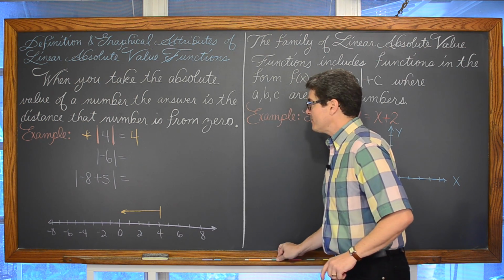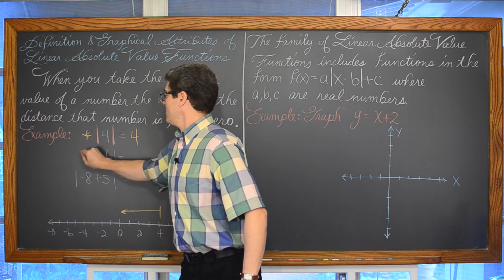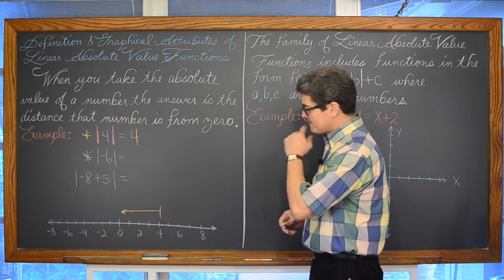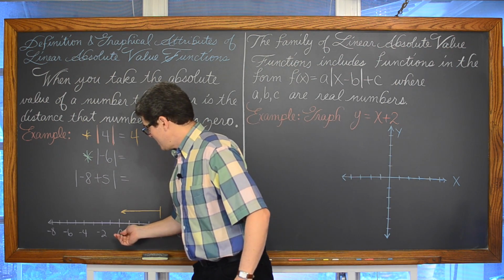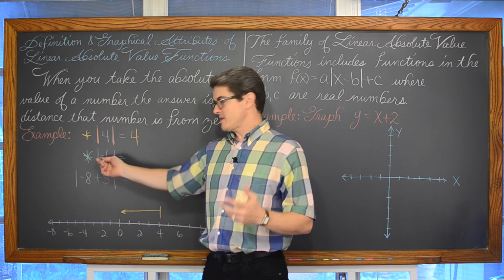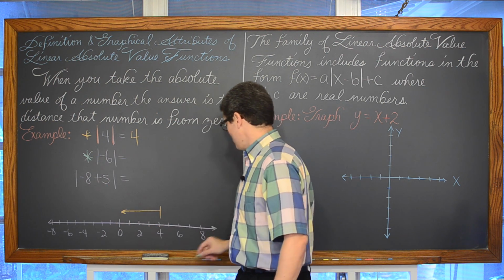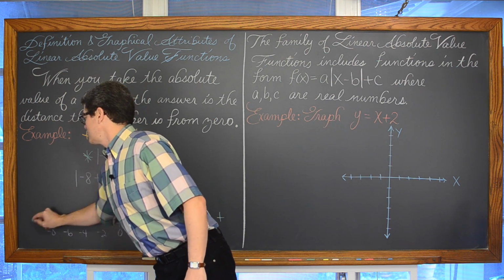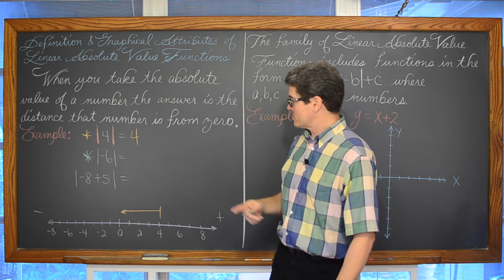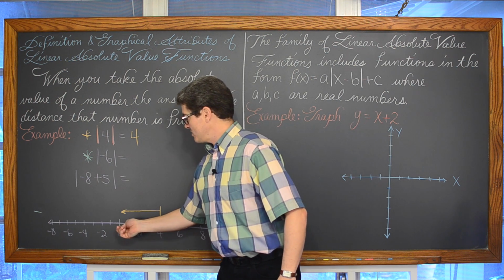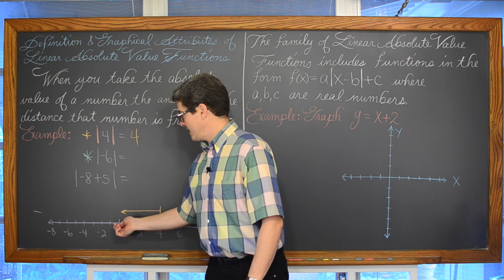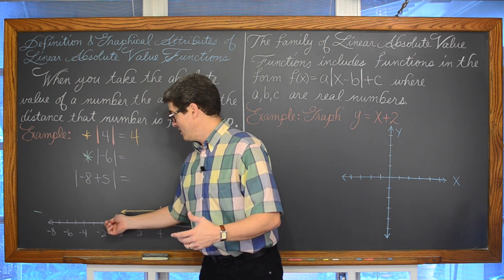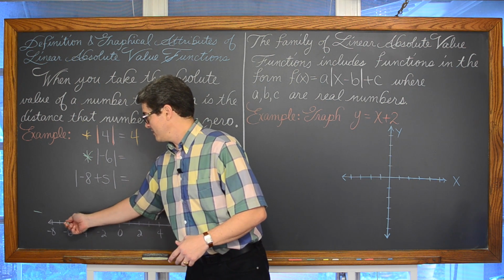If I come through here with a green star, and I say, where's -6? We need to understand that on a number line with the 0 in the middle, moving to the right are the positive values, and moving to the left are the negative values. So -6 is 6 units to the left of 0, and I kind of just did the absolute value there. 1, 2, 3, 4, 5, 6.